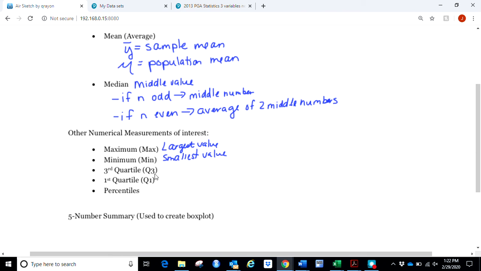So we label these as Q3 and Q1. Q just stands for the quartile, and then of course the number for which one. The third quartile is the third quarter of the data. So we define this as the 75th percentile of the data. The first quartile will be the 25th percentile of the data.